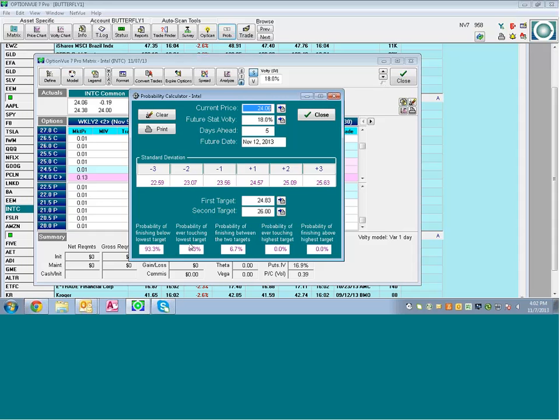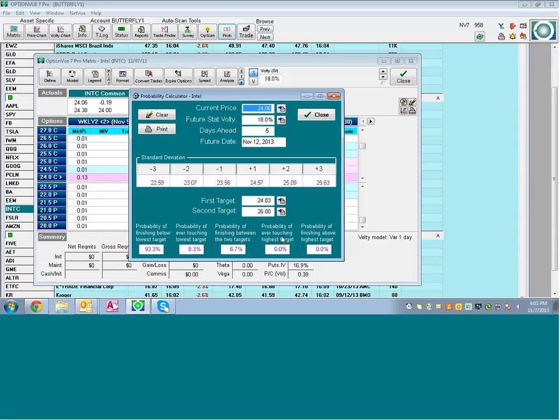Okay, and then we can see the probability of ever touching the 24.83 level is 8.3%. The probability of finishing between 24.83 and 26 is 6.7%, and then these are almost never, so that's why it says 0%.